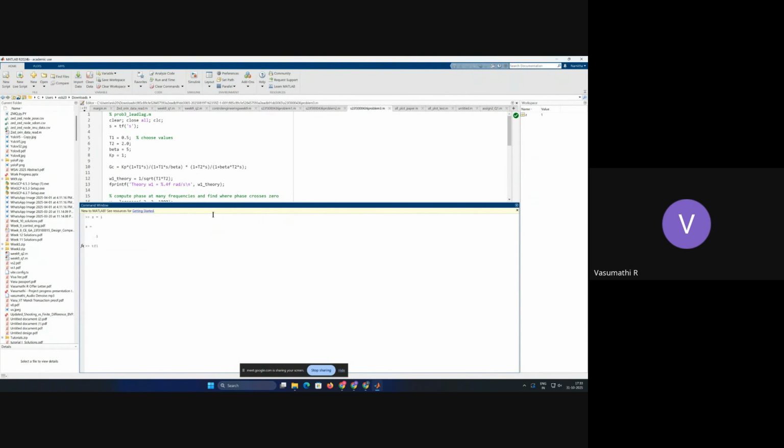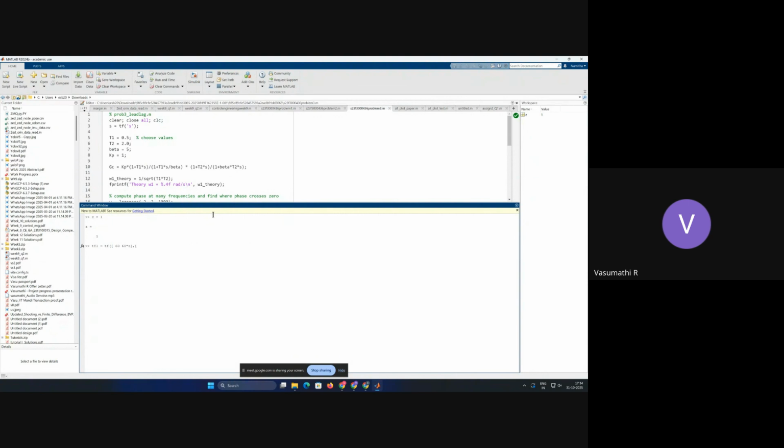The numerator is 60 and 60 into z, whatever I am considering, comma, your denominator would be, if I do this, s into s plus 6 into s plus 2.